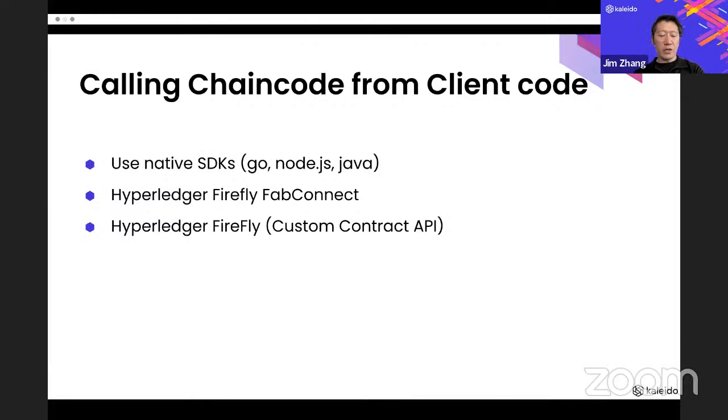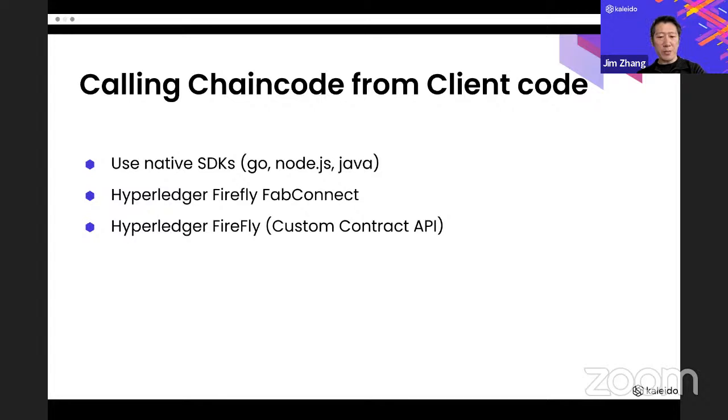You also have the choice of using Firefly itself to interact with your chain code. Firefly has a custom contract API support so that you can define an API to interact with your contract after you have taught Firefly about the interface design of your chain code, and then you can call the API to do that.